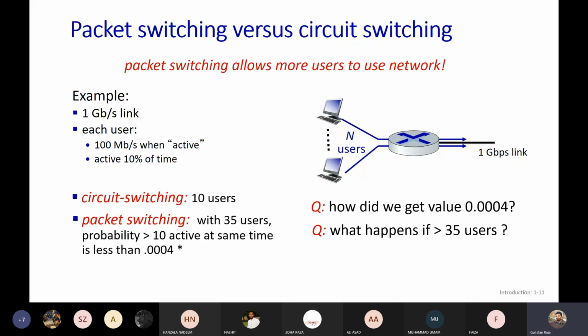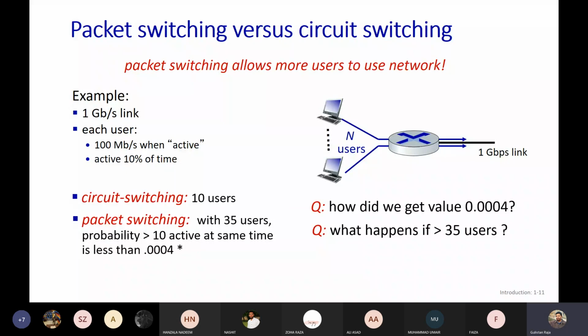With 35 users, the probability that more than 10 are active at the same time is less than 0.004. Total 35 users I am talking about, and the probability of more than 10 active users at the same time is less than 0.004.